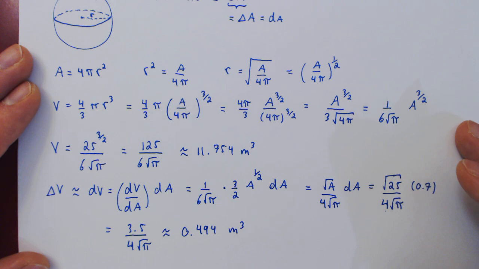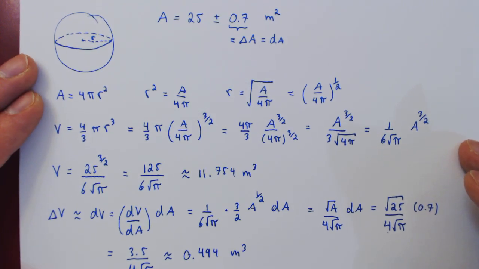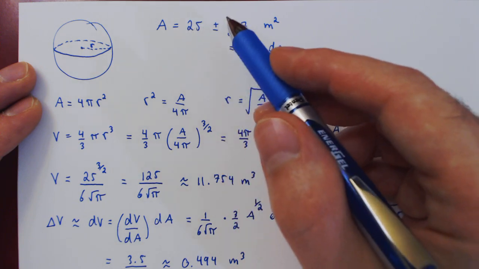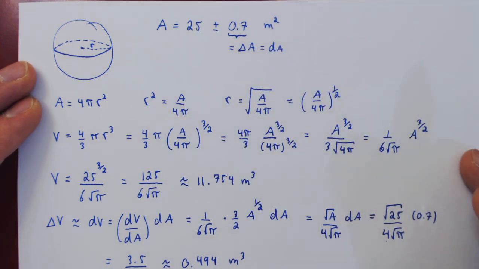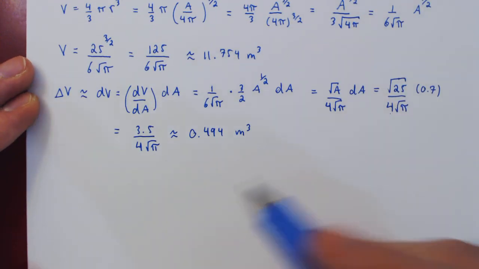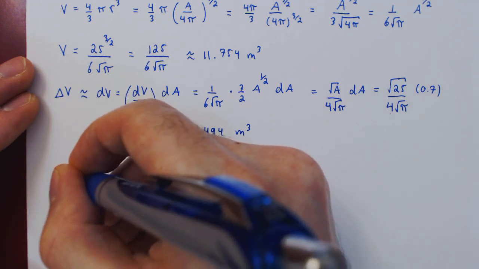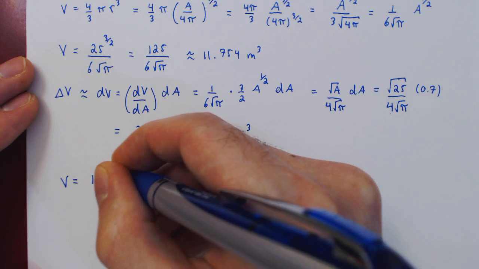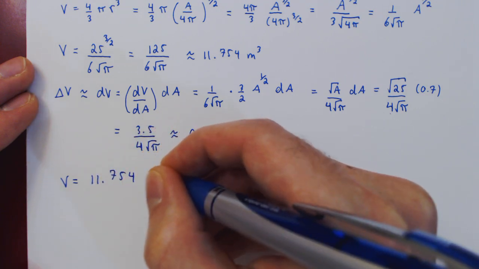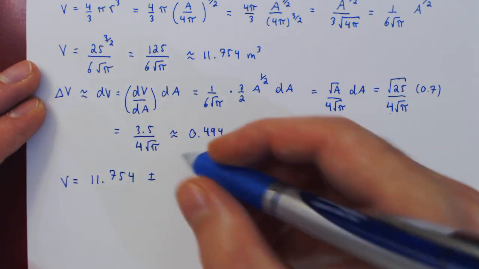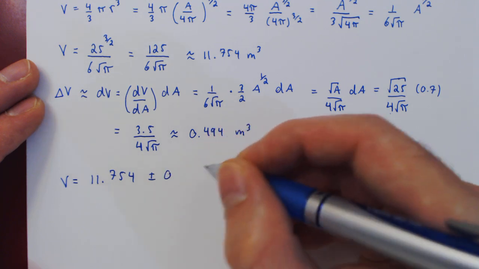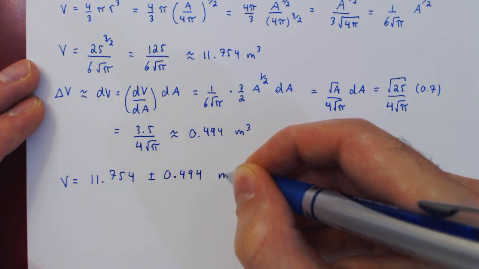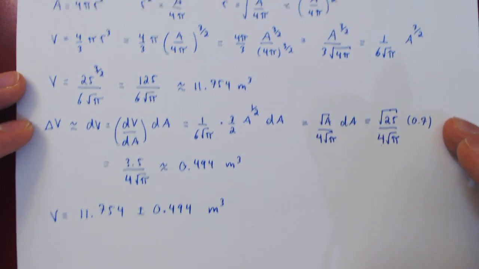And we can now write down our conclusion. So the surface area of the sphere was 25 plus or minus 0.7 meters squared. And now the volume of the sphere with uncertainty is 11.754 plus or minus 0.494 meters cubed. And that's it.